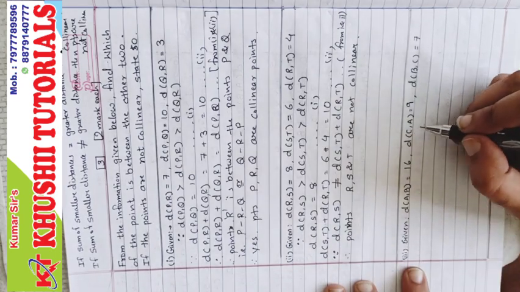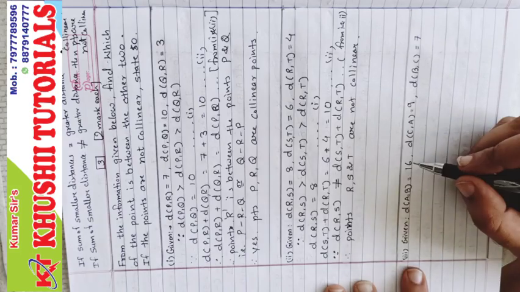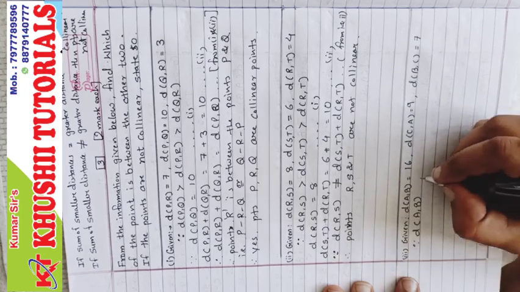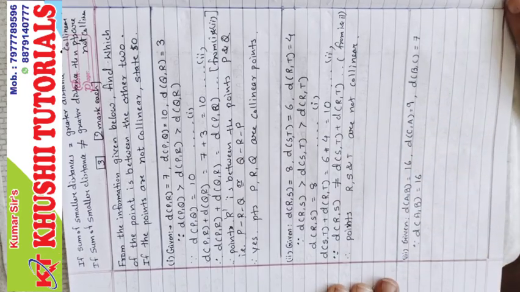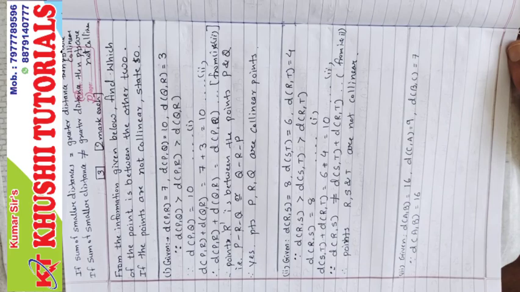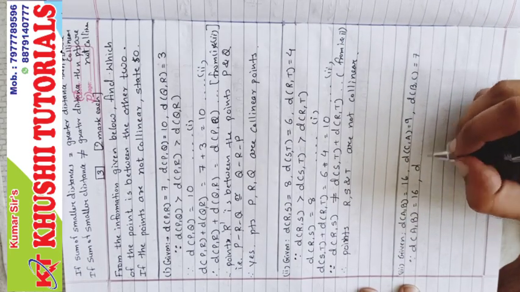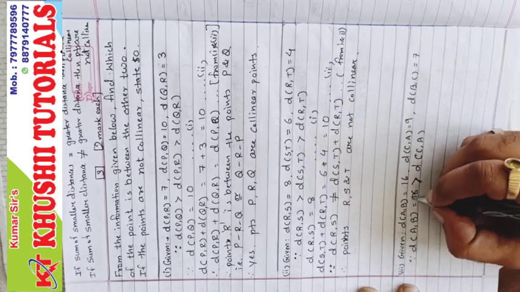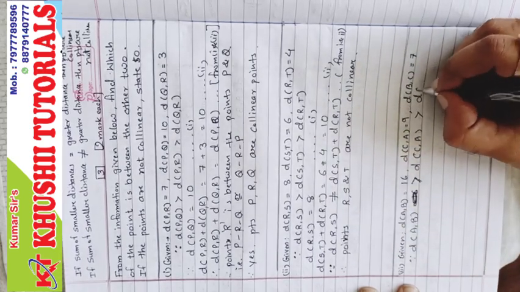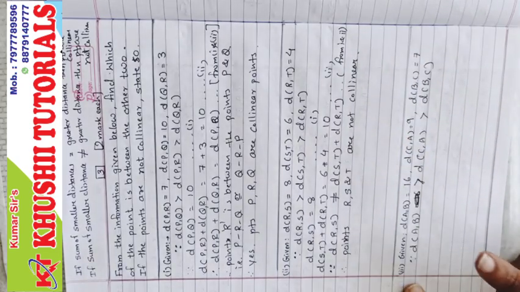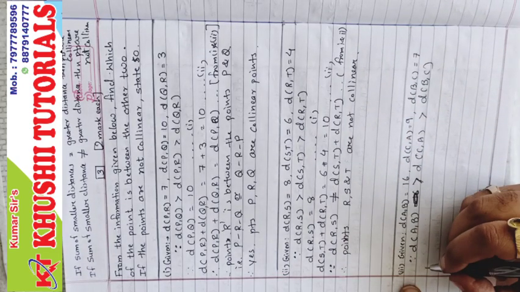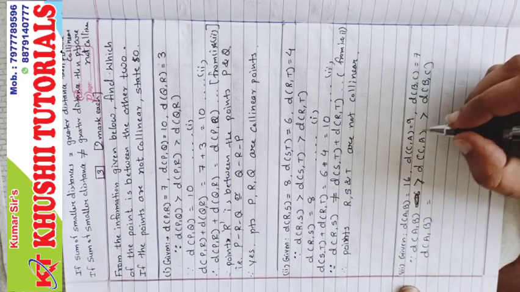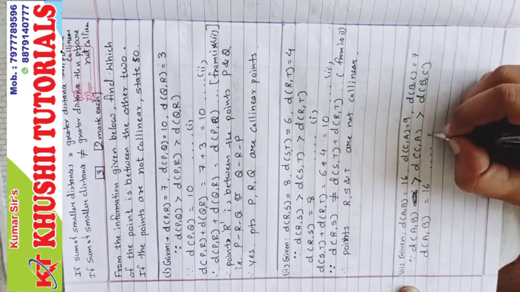AB is 16, CA is 9 and BC is 7. The greater one is distance AB. So we'll write distance A comma B equal to 16 is greater than distance C comma A is greater than distance B comma C. First, distance of A comma B equal to 16, we will mark it as 1.